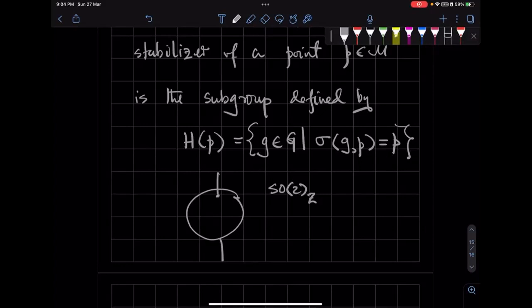It's not immediately clear that this is a subgroup, but you can show that H satisfies all the axioms of a group, and therefore it is a subgroup.